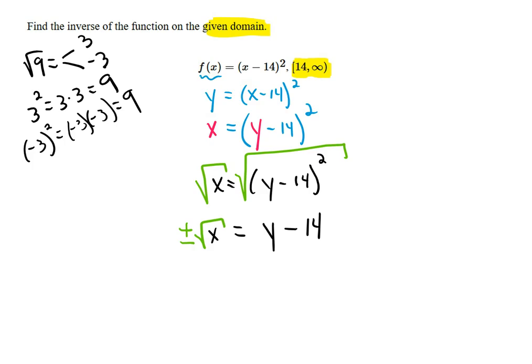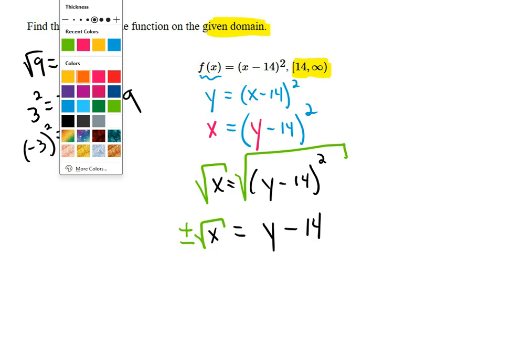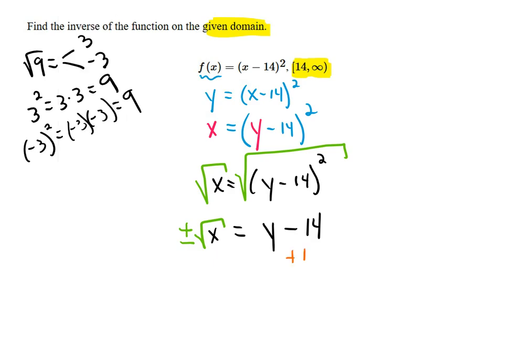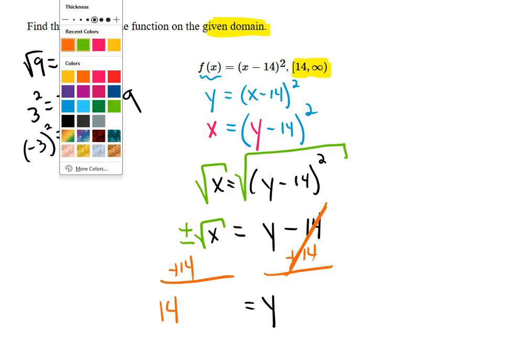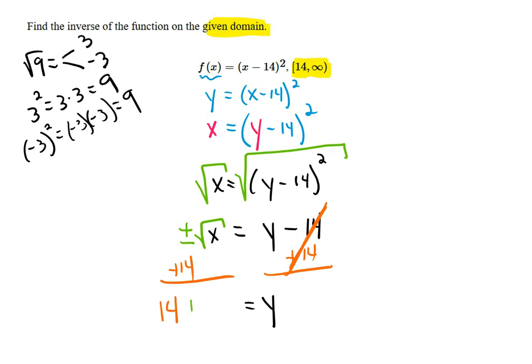Now, I'm still trying to solve for y, so the next thing I need to do is get rid of this 14, so I'm going to add 14 to both sides so that that cancels out. And I'm just left with y. Now over here, the best way to write this is 14 plus or minus the square root of x.